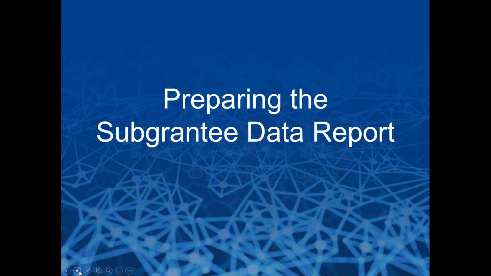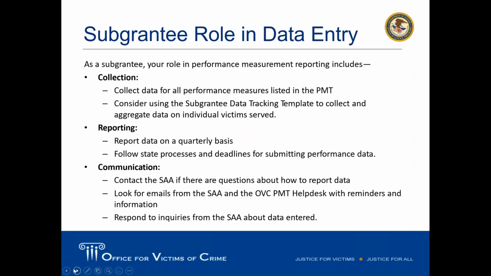Thank you. Okay, the next section, this is Wanda, is preparing the sub-grantee data report. The sub-grantee role in the data entry. As a sub-grantee, your role in performance measurement reporting includes collecting data for all performance measures listed in the PMT. Consider using the sub-grantee data tracking template to collect and aggregate data on individual victims served.